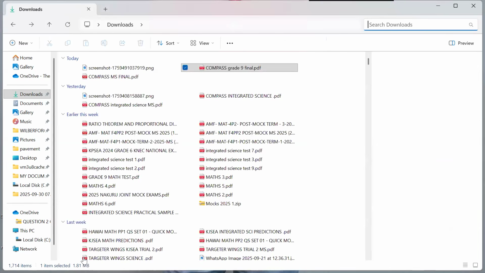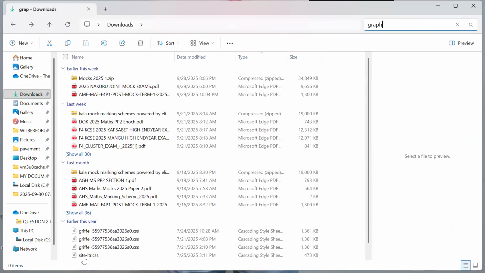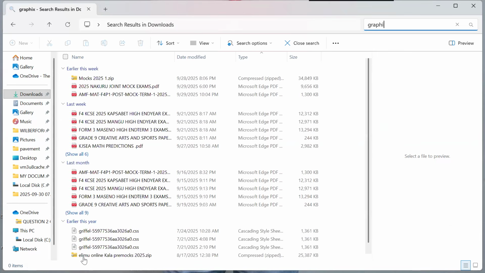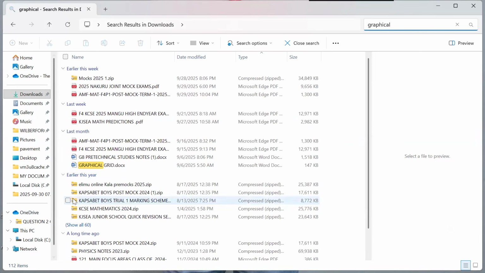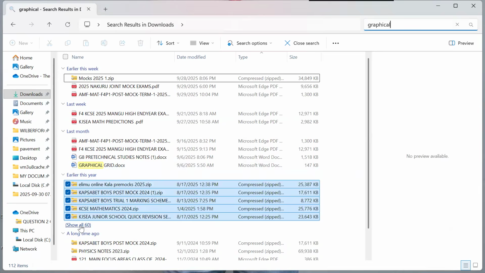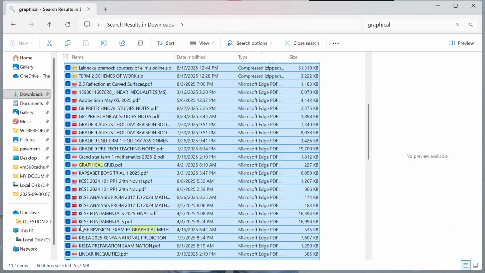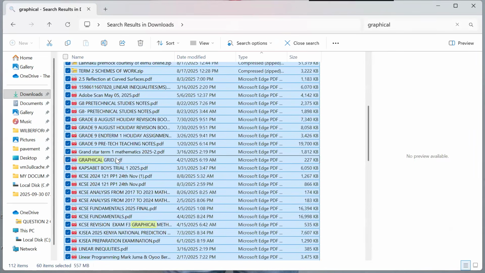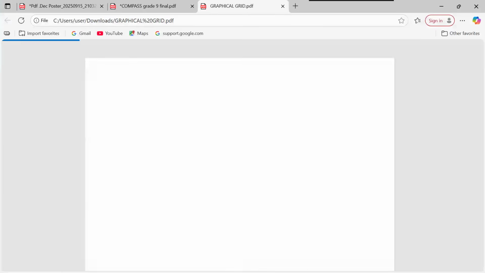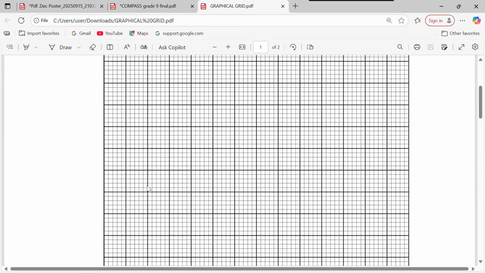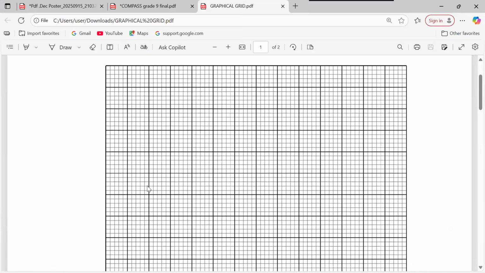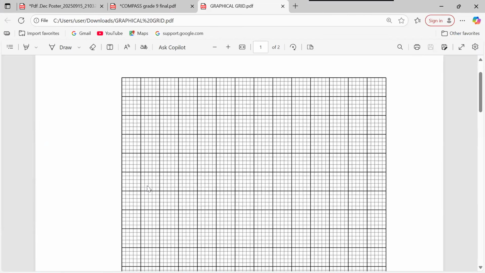I have a grid somewhere, a serious one actually. I need it as PDF. A graphical grid can be found at this position. Let's check. This one is very good. This one shall really help us.